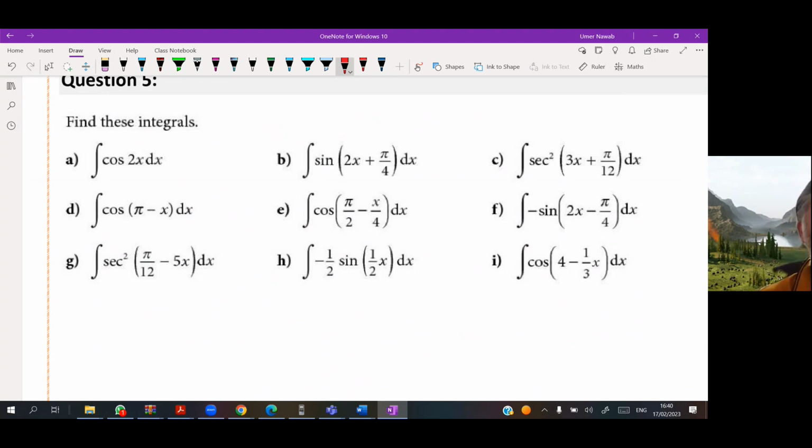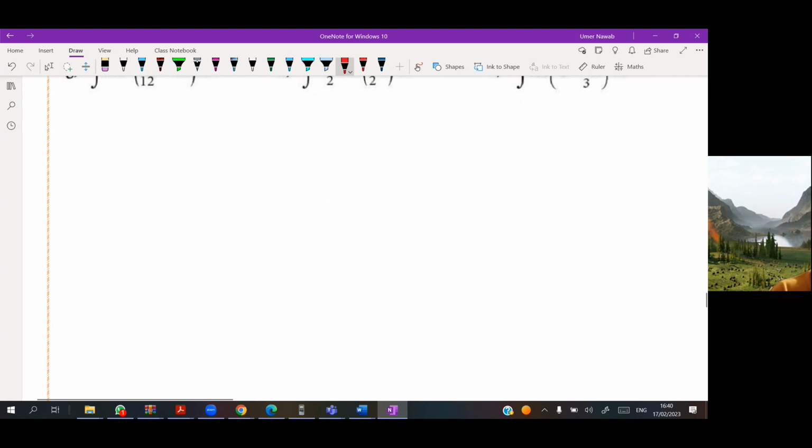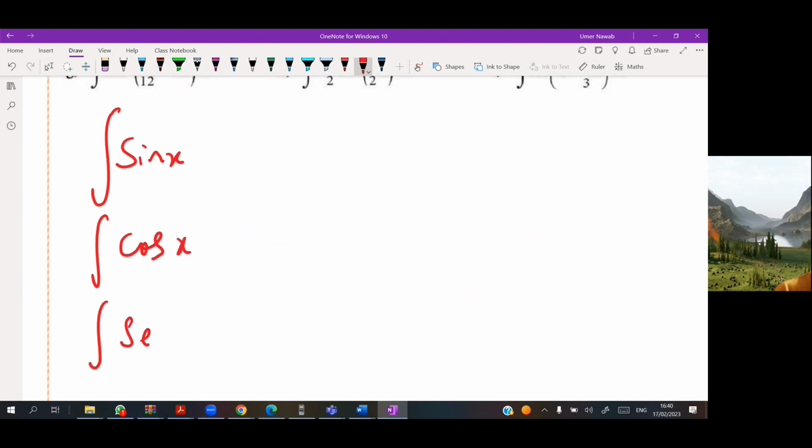Next technique: integration of sine, integration of cosine, and integration of secant square, with linear arguments. You can also check the formula sheet.